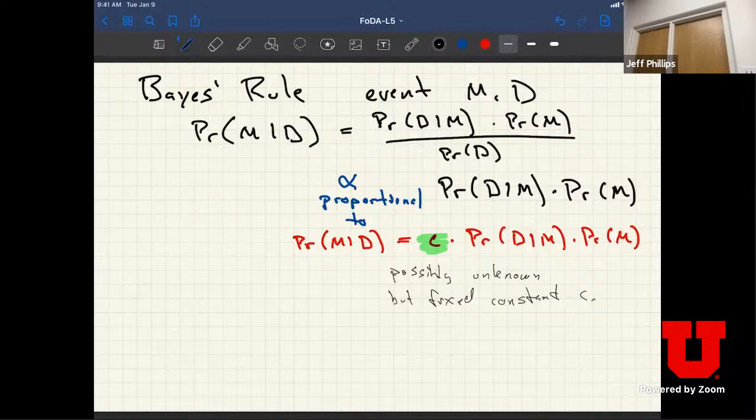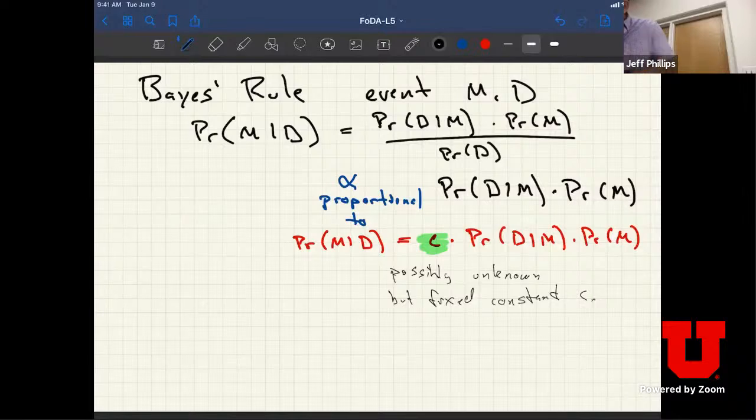It's possibly unknown. Maybe I can calculate the probability of the data, and we could have done that in the windshield example, for instance, but it's possible I can't calculate it. So that's unknown, and it's a fixed constant, so it's the same for everything. So this is what proportional means.